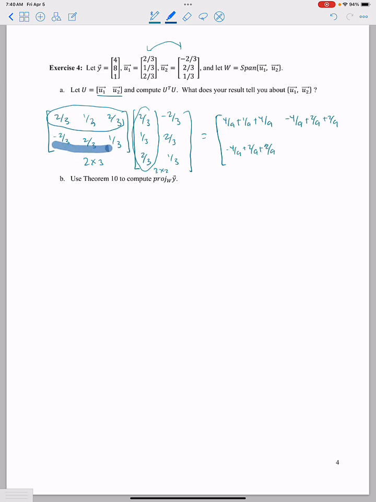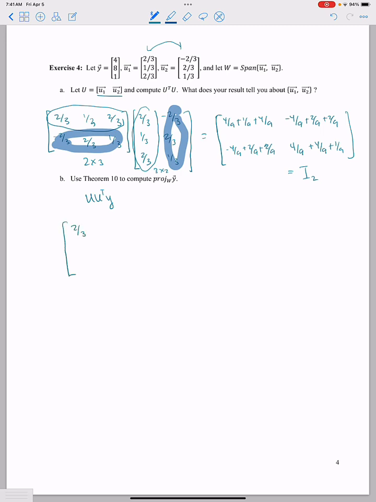Again, this one times this one, I get 4/9 plus 4/9 plus 1/9, which is equal to 1. So this is equal to the 2x2 identity. What that tells me, because U transpose times U is the identity, is that those are orthonormal columns. So to compute the projection, I can do U times U transpose times my y.